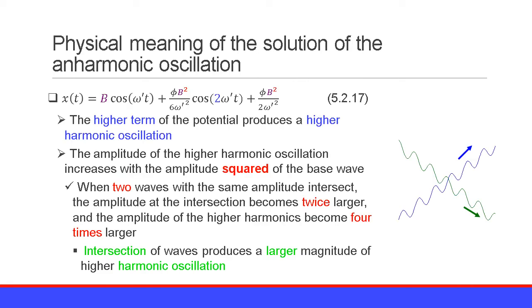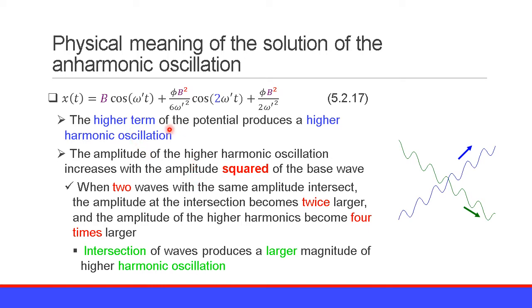So, what does equation 5-17 mean? You can see the factor of the cosine omega prime t is b, but the factor of the cosine 2 omega prime t, the second harmonics term, has a factor of b squared.